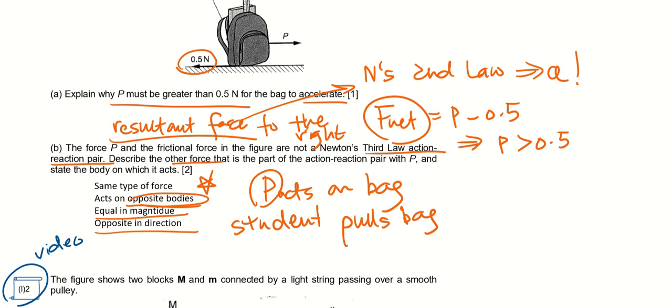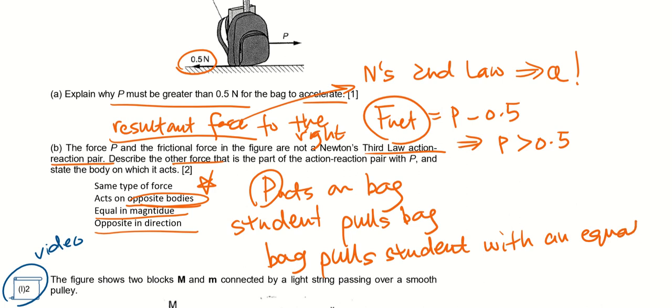Newton's third law says that it must act on the opposite body, therefore bag pulls student, with an equal but opposite force. And this pulling force is of the same type of force.